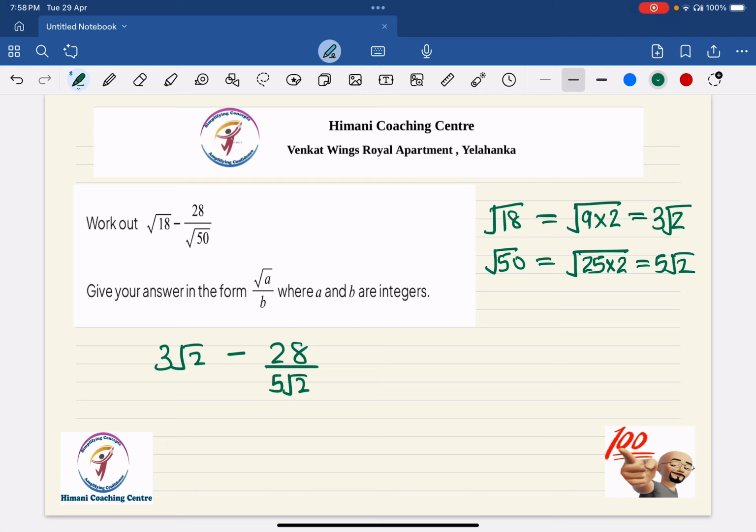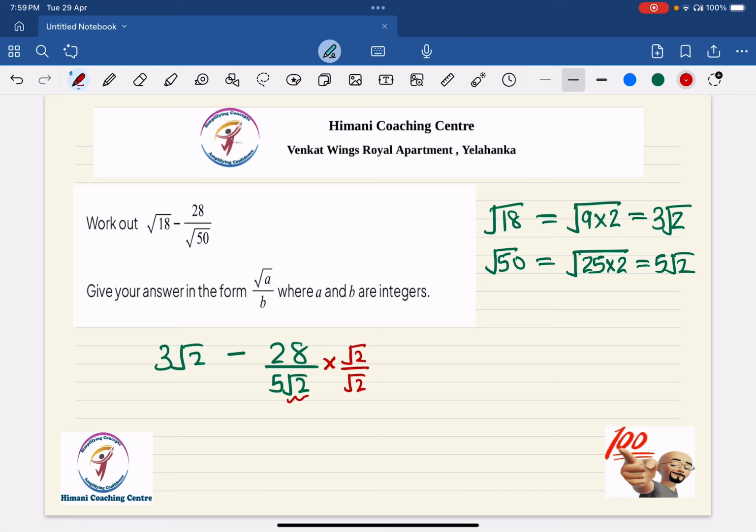Now, what can we do to solve this question? If we look at 28 by 5 root 2, the irrational part is in the denominator. So I can rationalize it just by multiplying numerator and denominator by root 2. So what will I get?